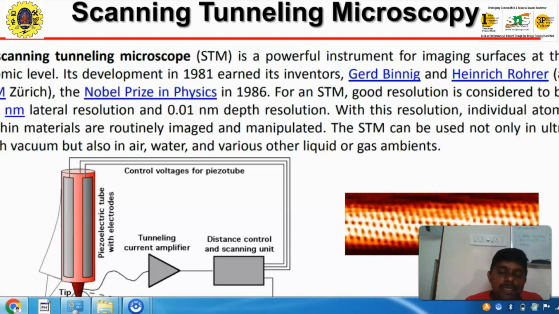It is a good resolution, at a minute level like 0.1 nanometer. It can give a lateral resolution of 0.1 nanometer and a depth resolution of 0.01 nanometer.